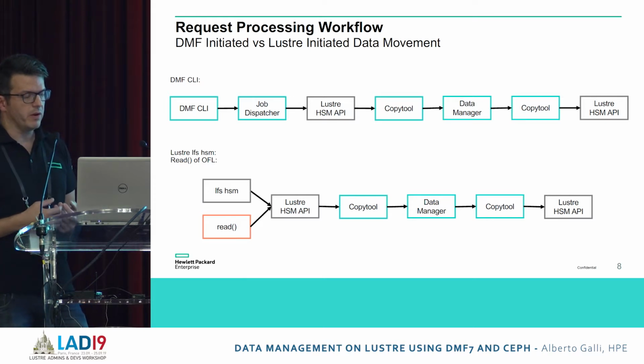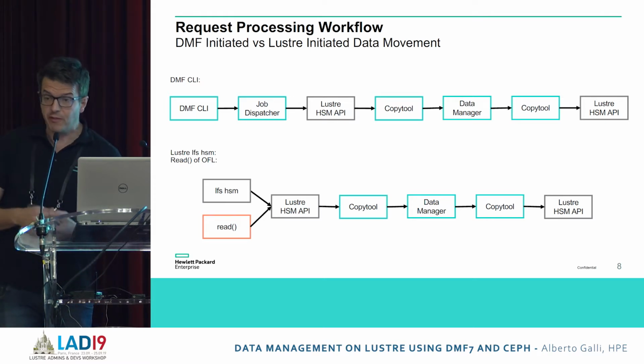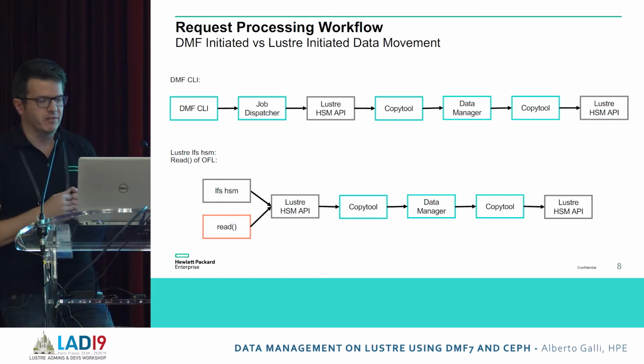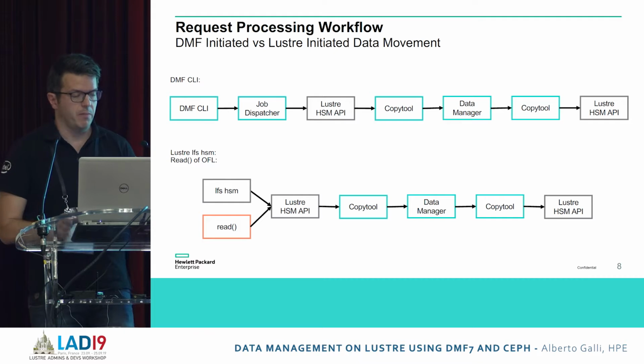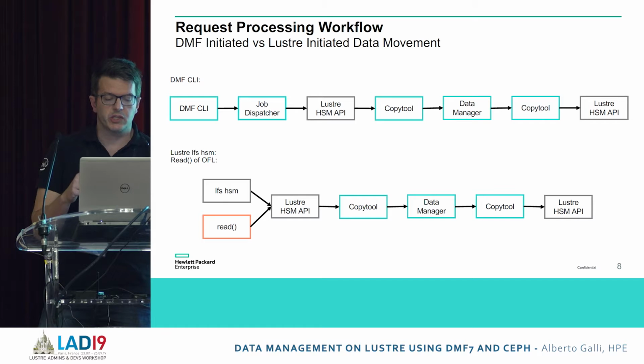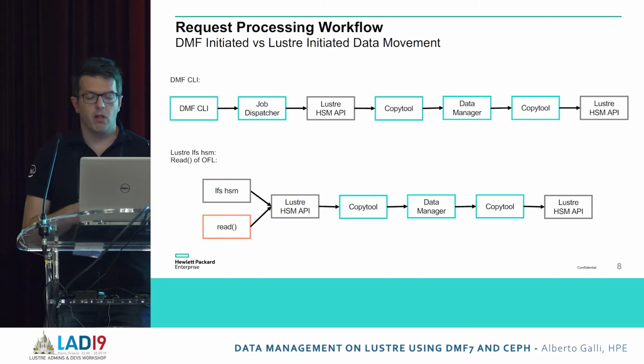So how does it work? Because we're not using the new framework that was presented just before, we're just using the standard copy tools. We need to use the copy tools anyway in all cases to fit within the framework of DMF. For the first one, if you want to go through the DMF CLI, you type your command, you go through the DMF job dispatcher, which then uses the Lustre HSM API to call the copy tool.